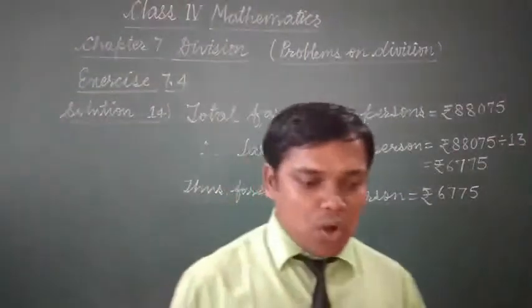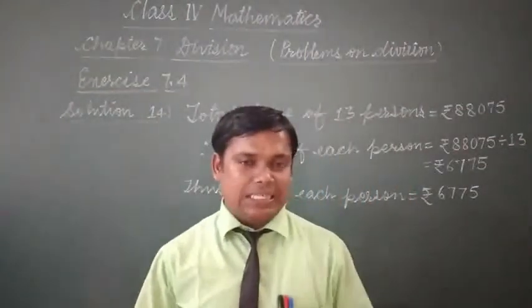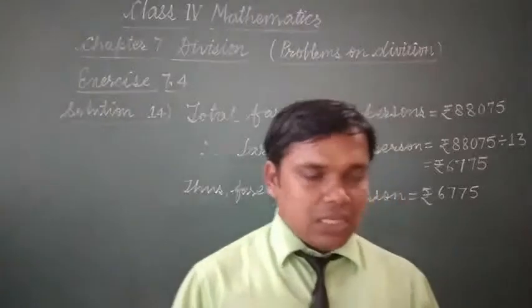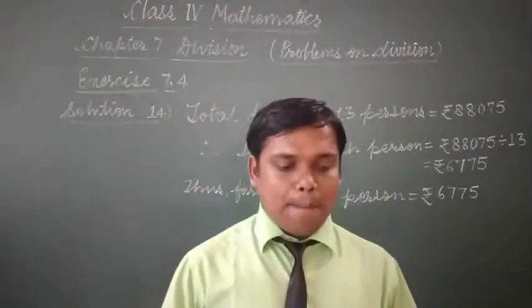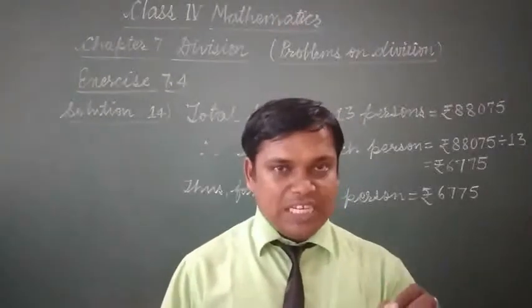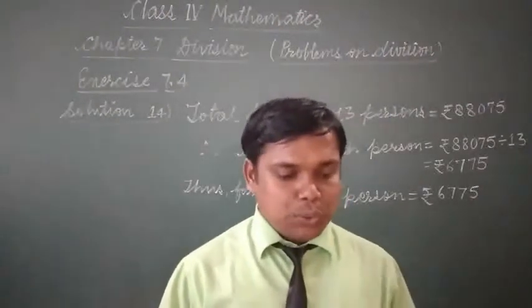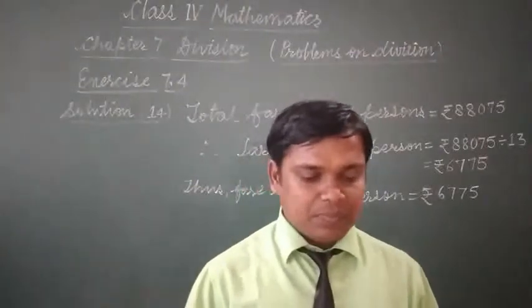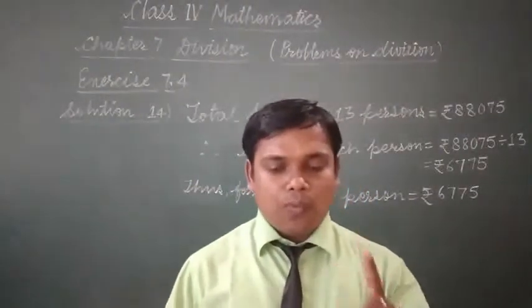Now all of you read question number 16. A cycle dealer bought 45 cycles for rupees 56,250. Find the price of one cycle.